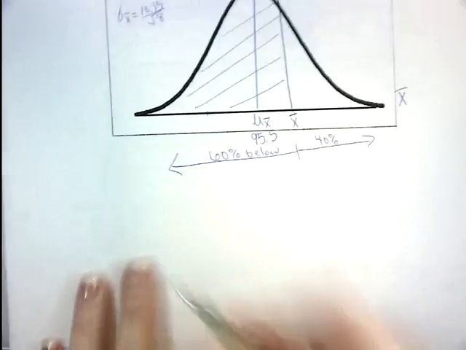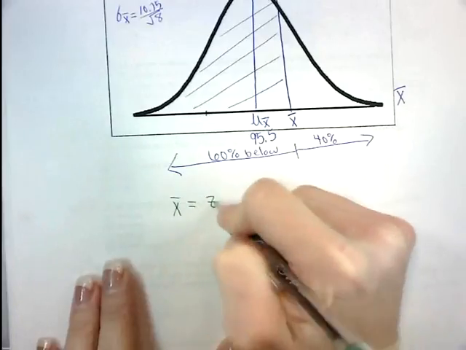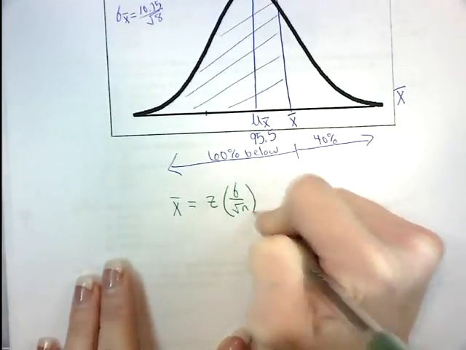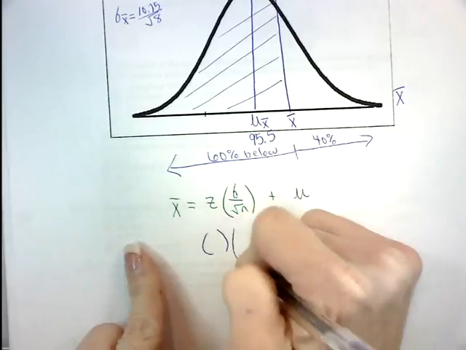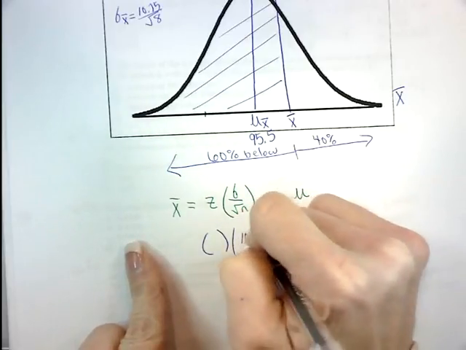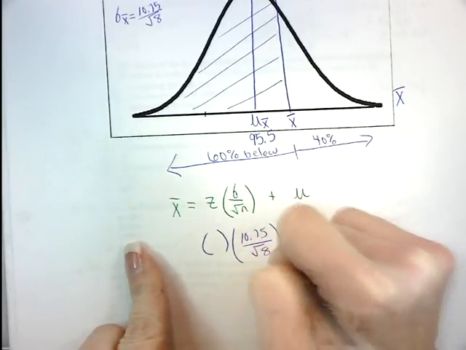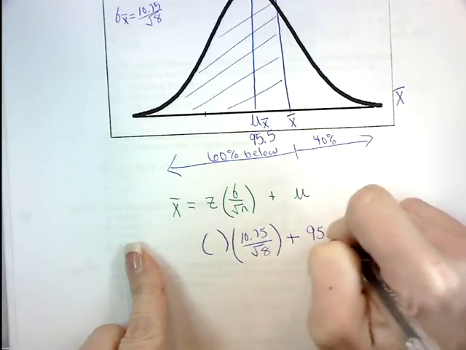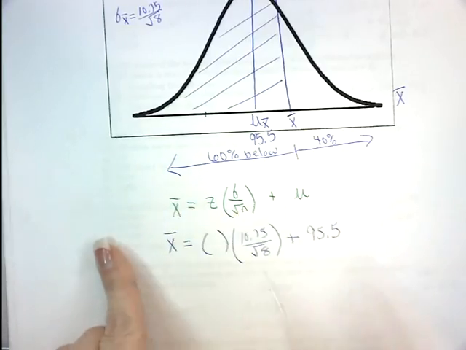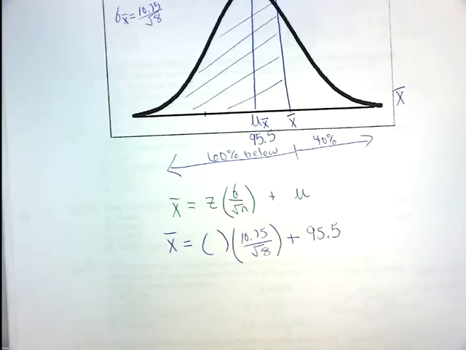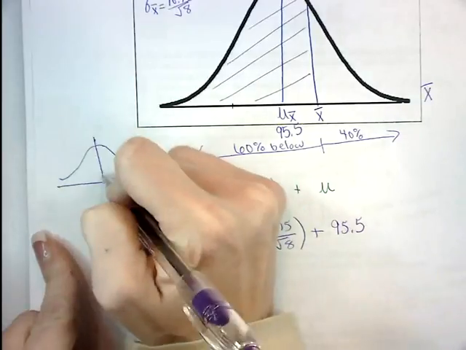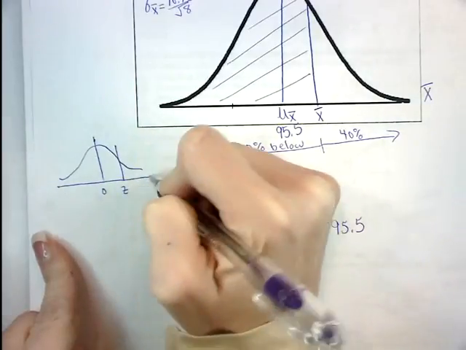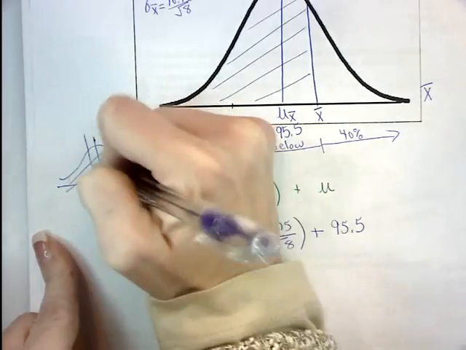Now, if you're doing this by hand, you have to use Z times sigma over the square root of n plus mu. We don't know the z-score for this problem, but we do know our sigma is 10.75 and our sample sizes are 8 and our mean is 95.5. So the z-score is going to be the z-score that falls at the 60th percentile. So here's an unknown z, and it falls at the 60th percentile.